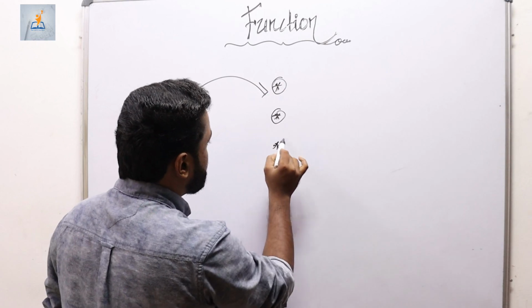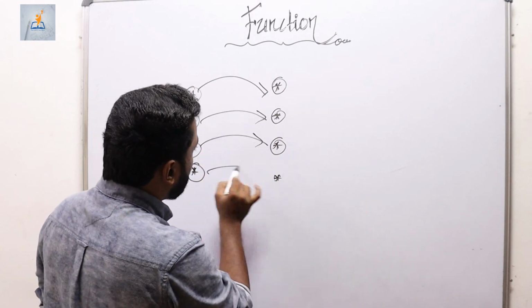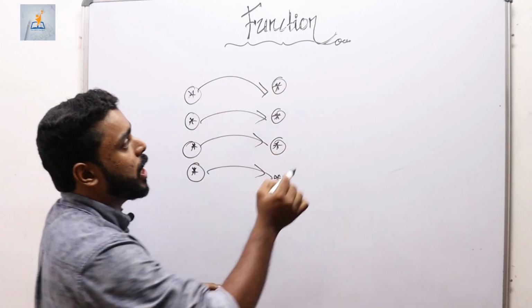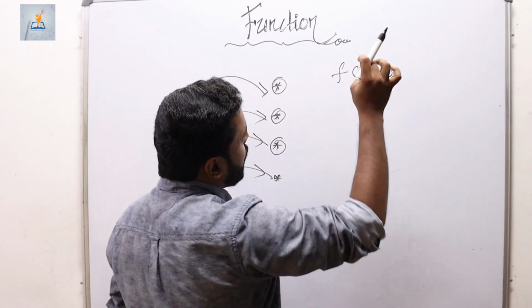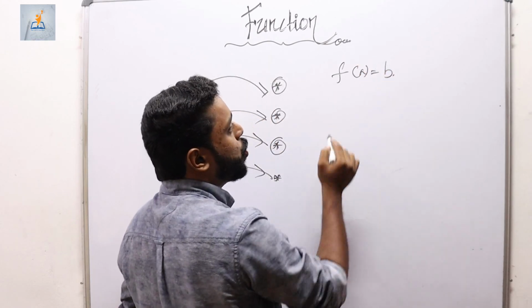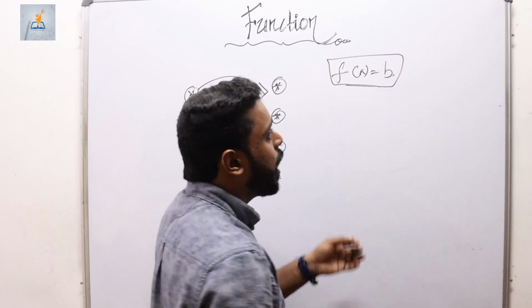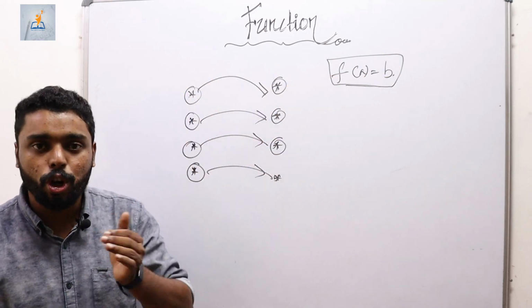Whenever we are given an input value, it results in an output value. We say that f of a is equal to b, which means that whenever we input a into the function, it will result in b, a new value. That is what a function does to various numbers in the domain.